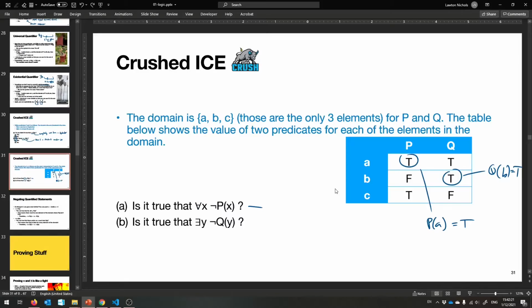We've got 3, so let's just do all 3. We'll look at P of A, P of B, and P of C. This is claiming that not P of A is true, and not P of B is true, and not P of C is true. Do you see how the for all is essentially a bunch of ands? That's the key idea.